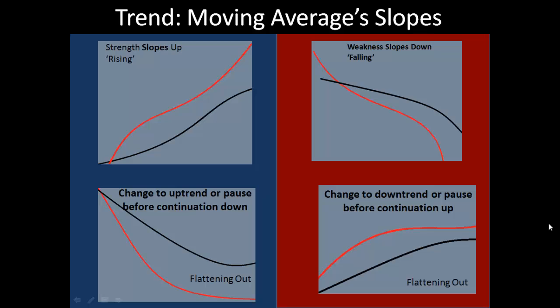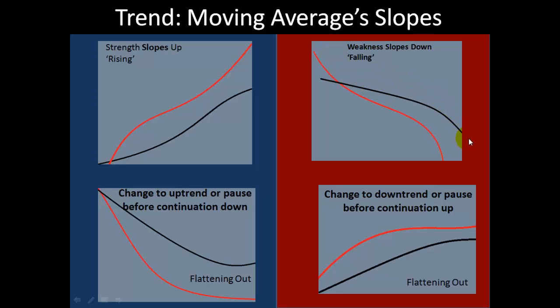Another aspect of moving averages that new traders often overlook are the actual slopes of the moving average. When you have a moving average line that is sloping up or rising, that is a sign of strength, especially when you have multiple moving averages like the 20 and the 50, both sloping up and continuing to rise further.